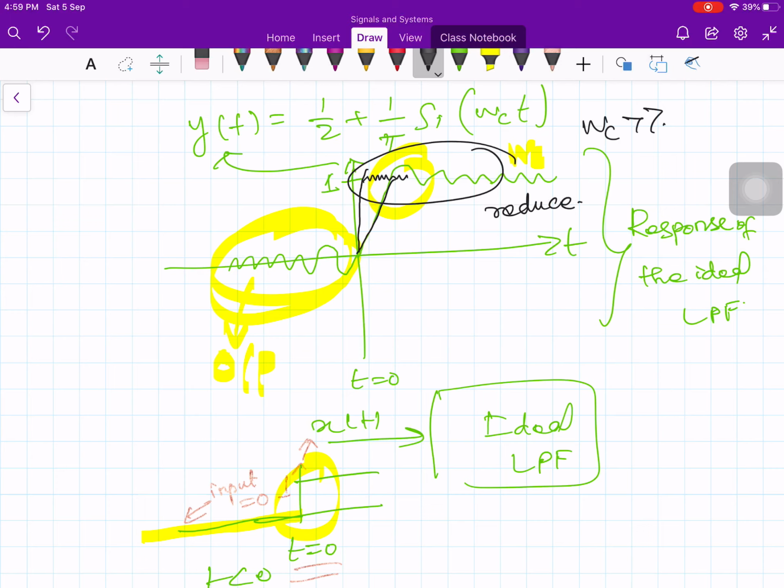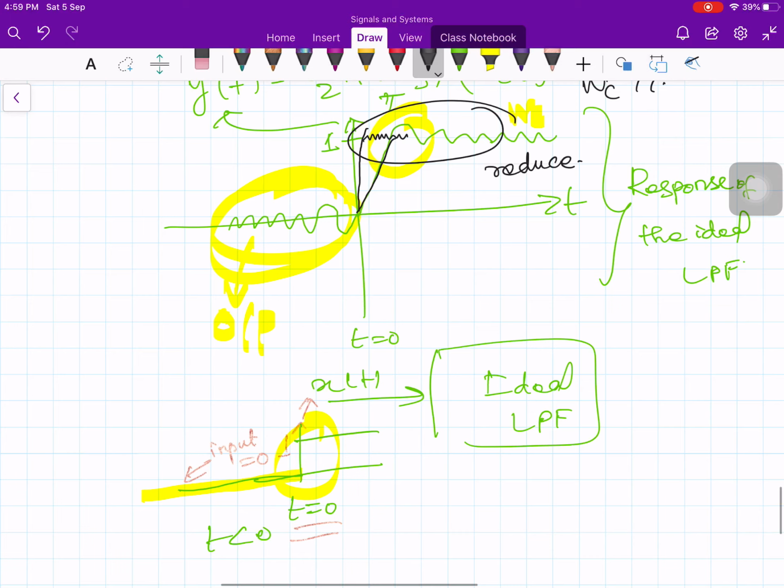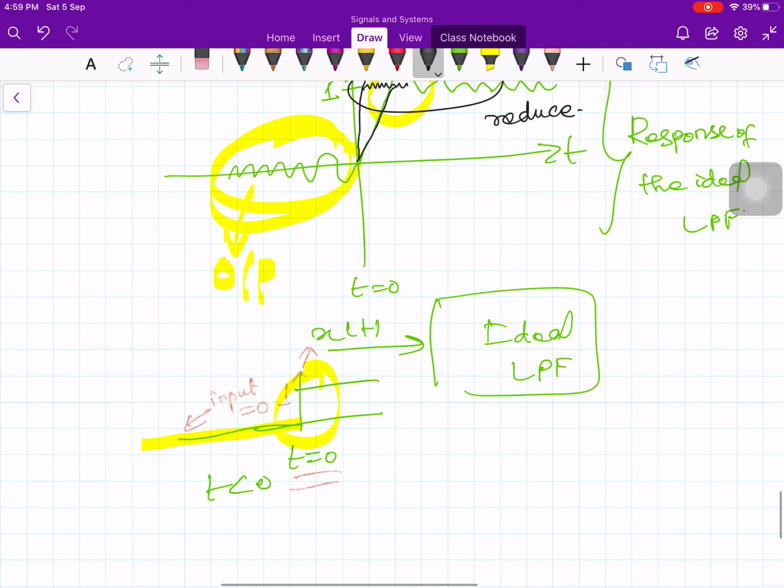Between finite values. So, the higher the cutoff frequency of the low pass filter, that means the greater the bandwidth of the low pass filter, the closer and closer the output becomes to the input. Actually, the excitation function is 0, as I said, up to this point.